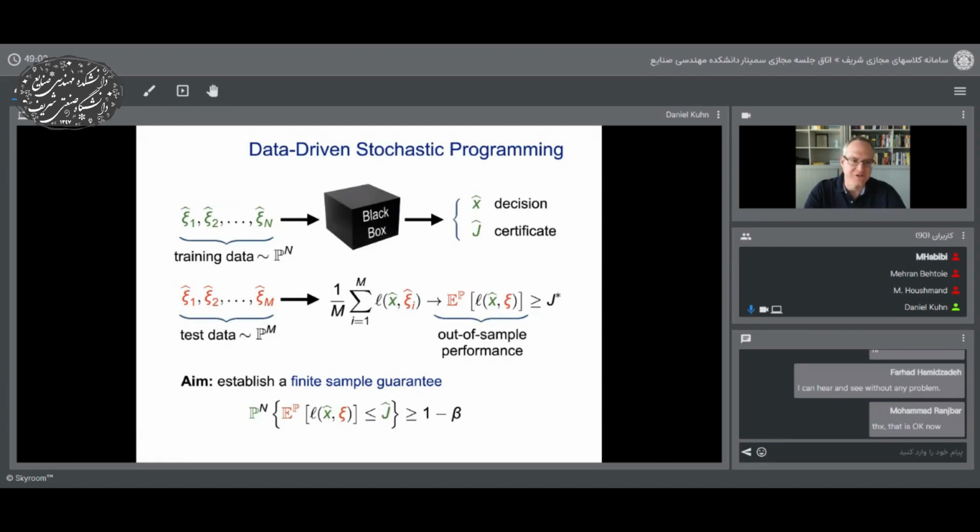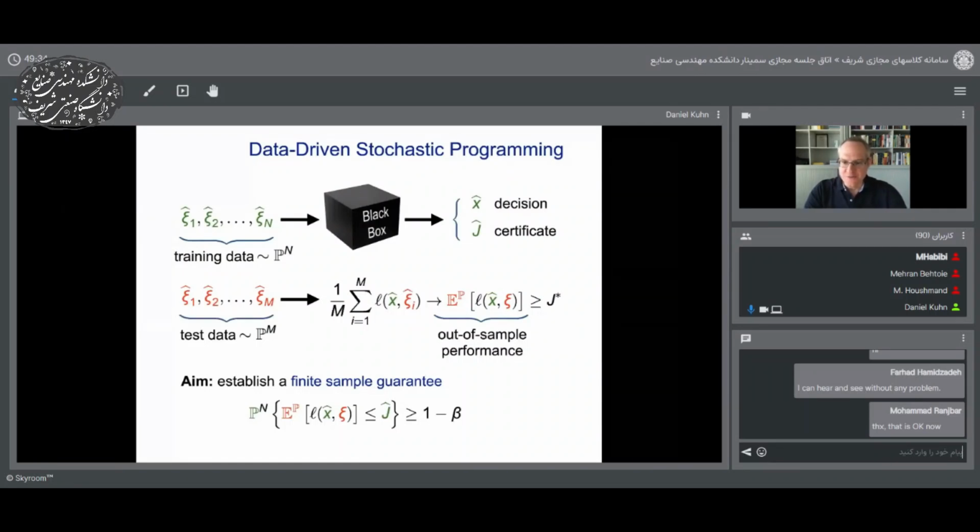It's a function of the training data. So x hat is, of course, a function of the n training samples. Therefore, the expected loss of x hat is a random quantity because it depends on our random draws of the training samples. This expected loss is often called the out-of-sample performance of the decision x hat. That's just terminology.